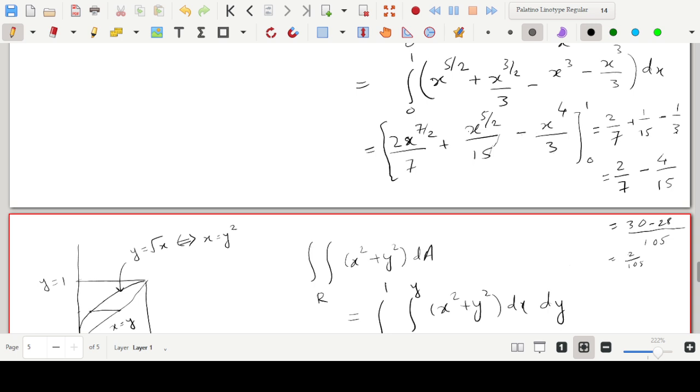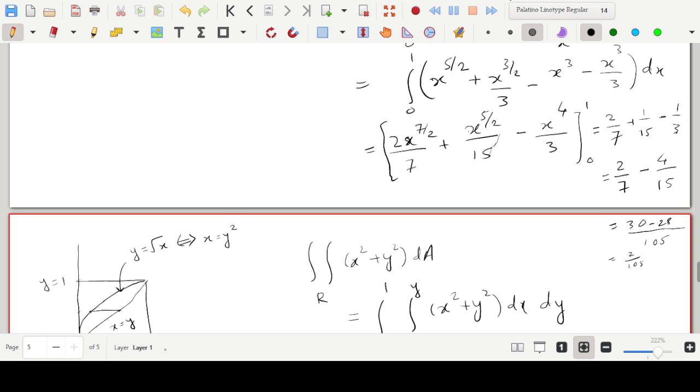You can check it for yourself. The answer should be same. If I happen to find the error in this, then I will clarify it in the next lecture. But for the time being, let's stop.